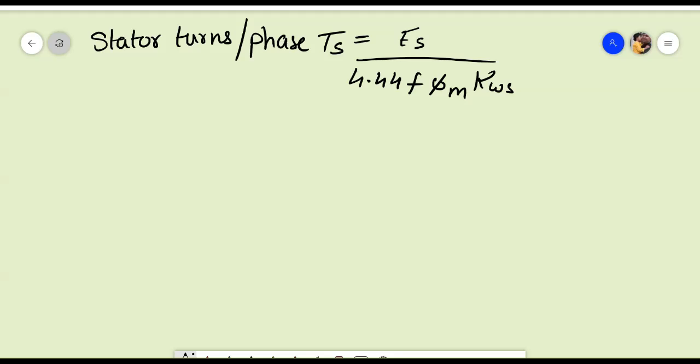Okay, and we can just put the values here and we can get the TS.